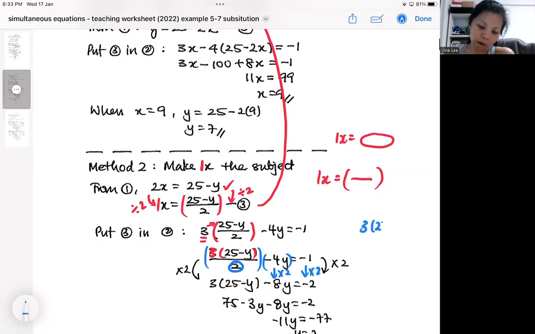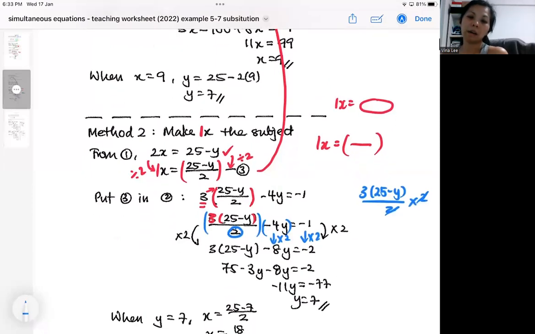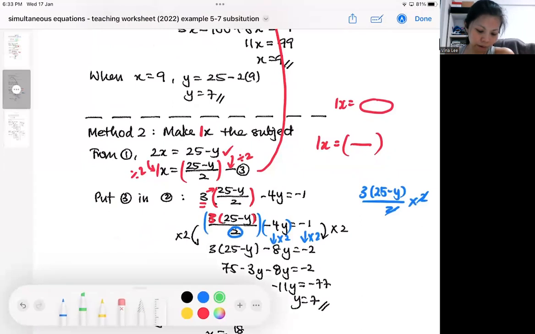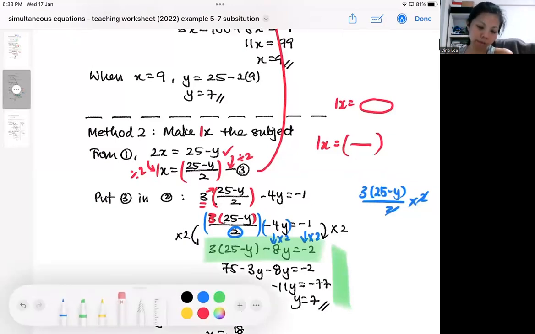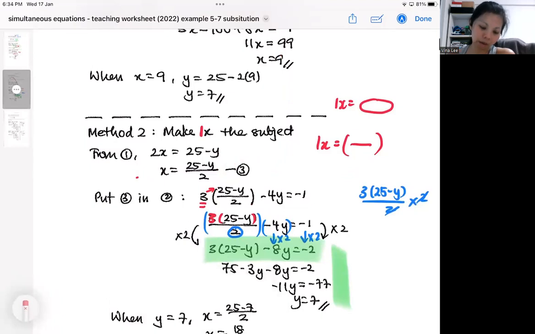And when you multiply a fraction by 2 like this, you actually cancel off. So this technique will get rid of the fraction. So once you have no fraction, it becomes a linear equation like what you did in Sec 1.